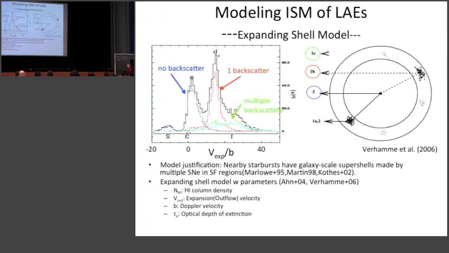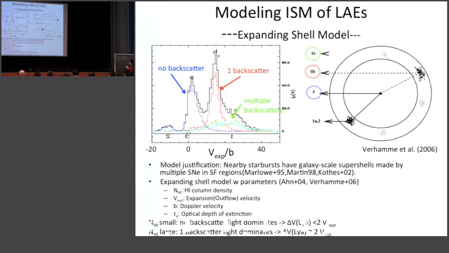This media is receding by the outflow velocity. So the observed one backscattered light is about 2 times the outflow velocity. And the multiple scatter component is even more red shifted.